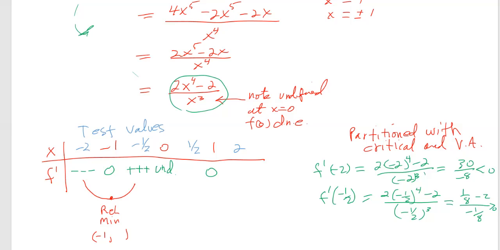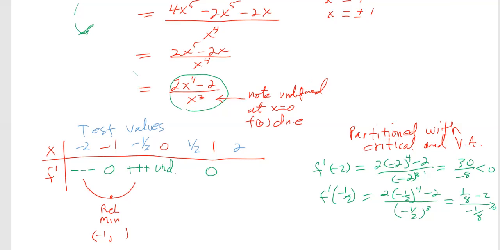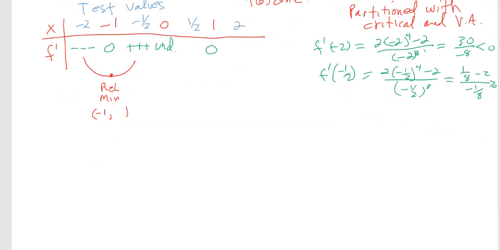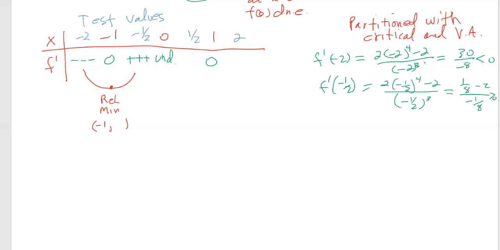Let's move on. We need our next value here. We need to calculate over here f prime of 1/2. Well, that's going to be 2 times 1/2 to the 4th minus 2 over 1/2 to the 3rd.